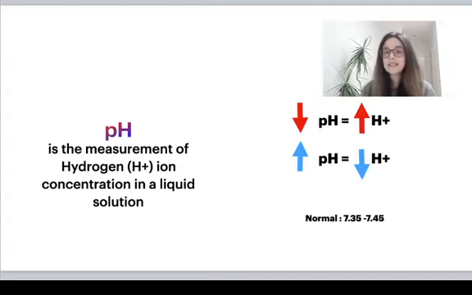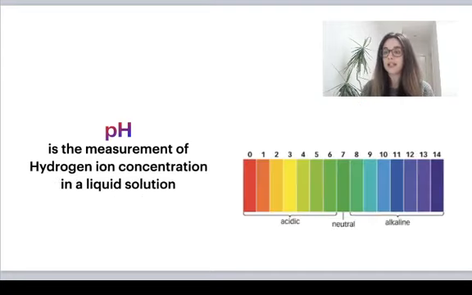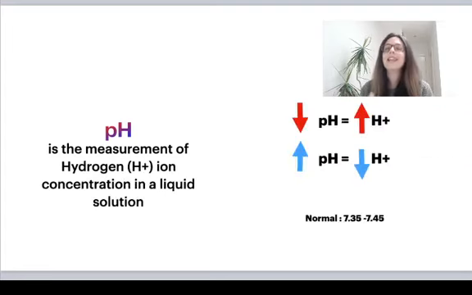The more base our sample is, or the higher up on the pH scale it is, so we get into the blue section, the less hydrogen ions we have. So it's a little bit of an inverse relationship. Just remember, when the pH is low, we've got more hydrogen ions, and when the pH is up, we have less hydrogen ions. So it's essentially the opposite.